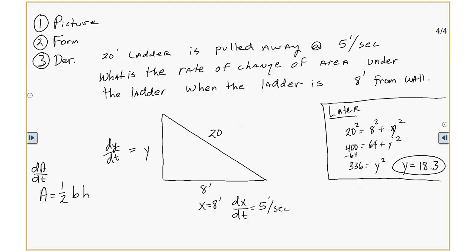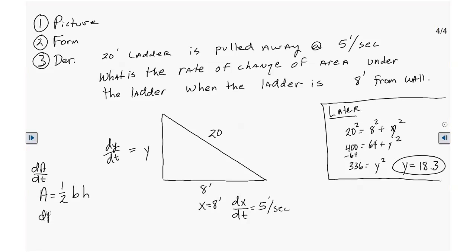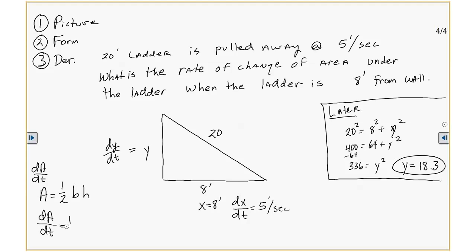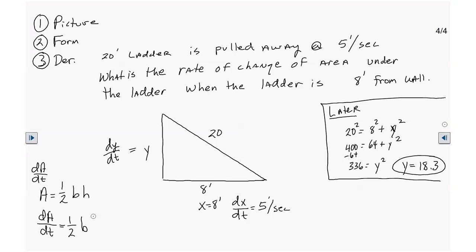So, using our implicit differentiation, we're going to get dA dt is equal to 1/2. And then what is the derivative of b in respect to time? That's going to be b times dB dt.